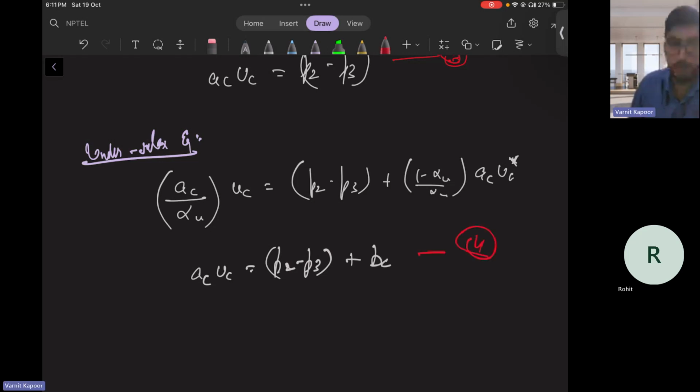This is your equation number 4. So this is under-relaxed for cell C. You have these equations 2 and 4 for cell B and cell C.